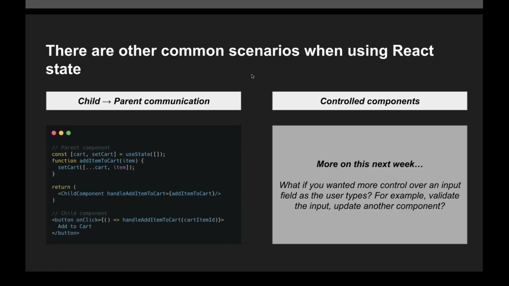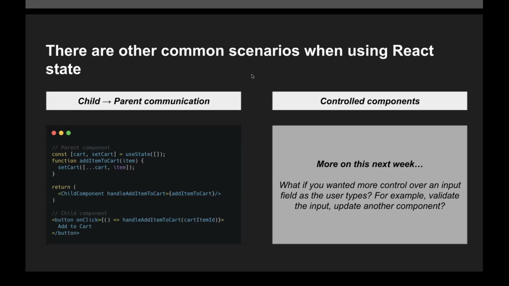Let's say, for example, you have a login form with an email and password that you have to enter. When you hit the submit button, or even before you hit it, you might want to validate whether whatever is being typed into the email field is actually a valid email.